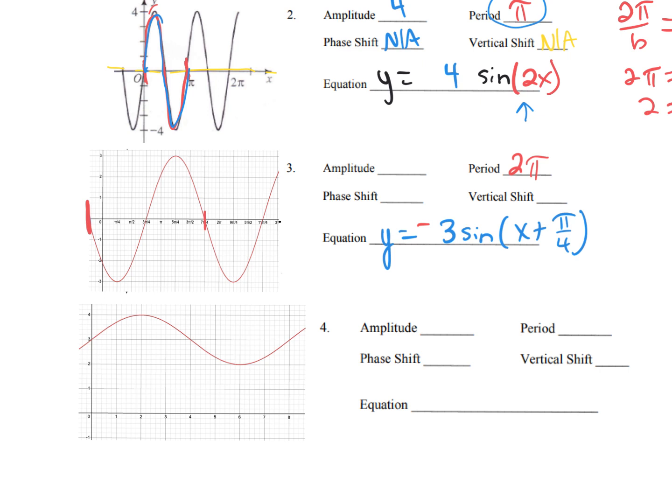If you add that all together, we still get 8 pi over 4, which is 2 pi. This distance is pi over 4, plus this 7 pi over 4 adds to the 8 pi over 4, so that gives us the 2 pi. There wasn't a vertical shift, and we were left pi over 4.